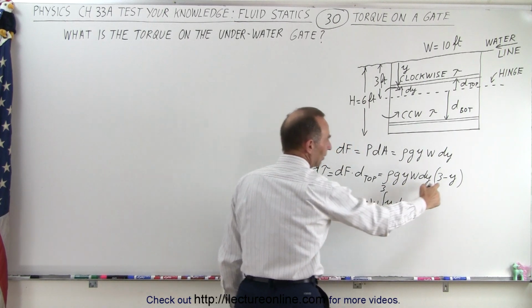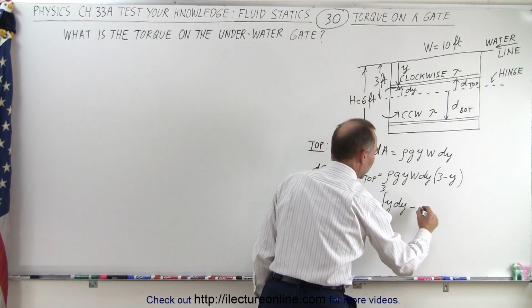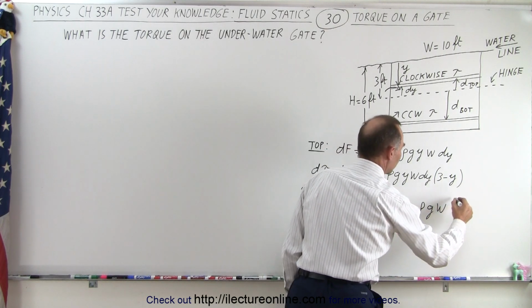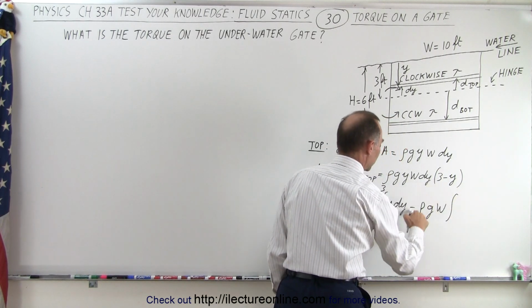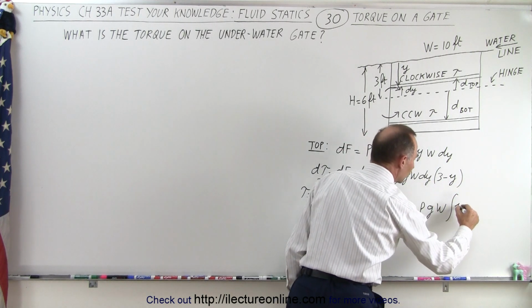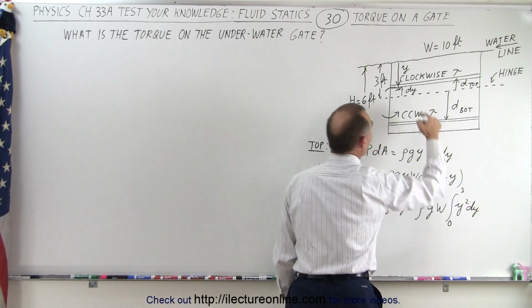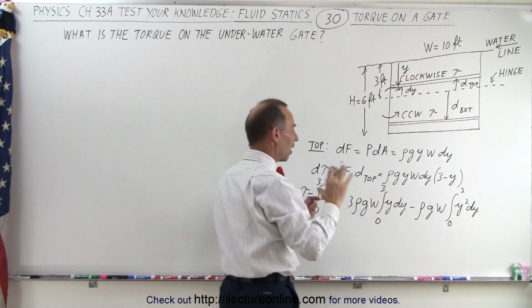That's the first part. Now the second part is going to be minus rho g w times the integral, we have the minus already accounted for, y times y, which is y squared dy from 0 to 3, because from y equals 0 to y equals 3 for the top portion.